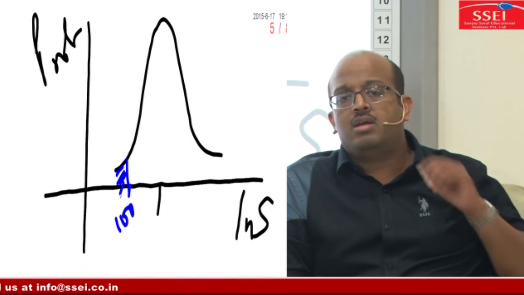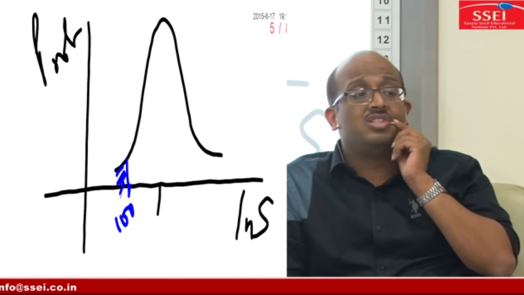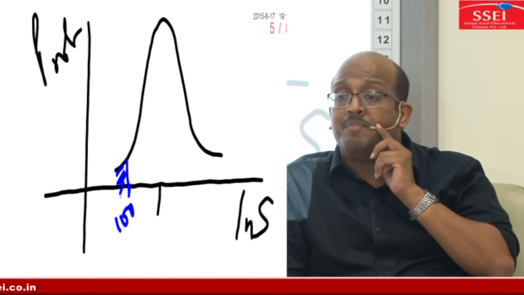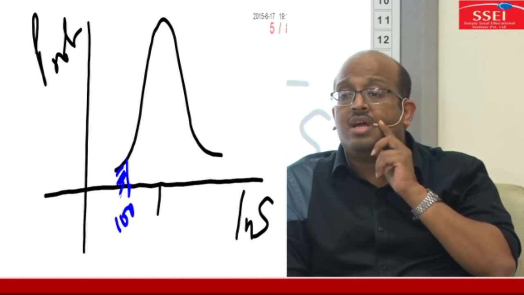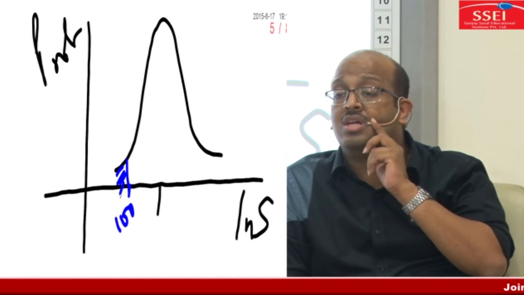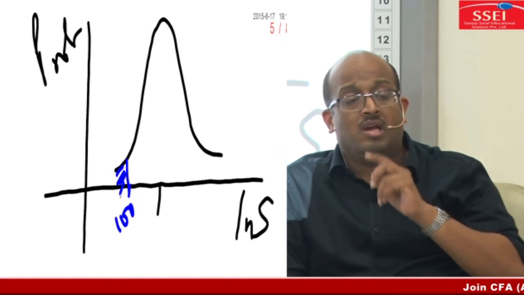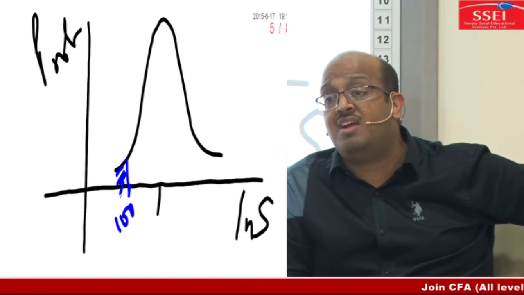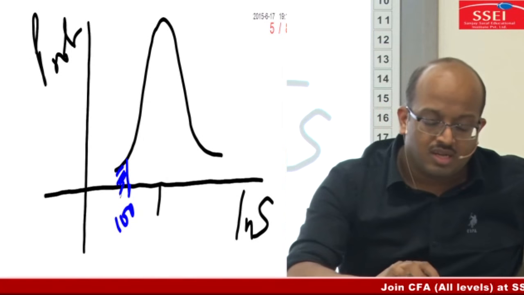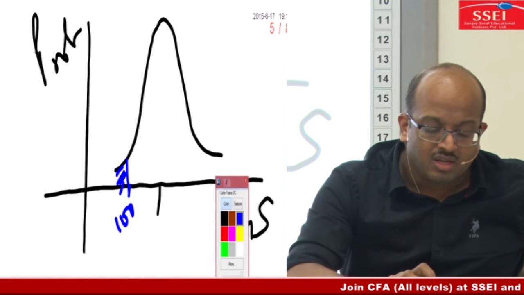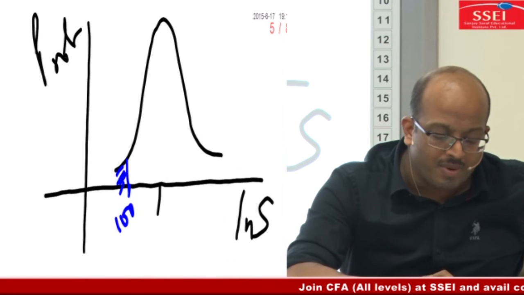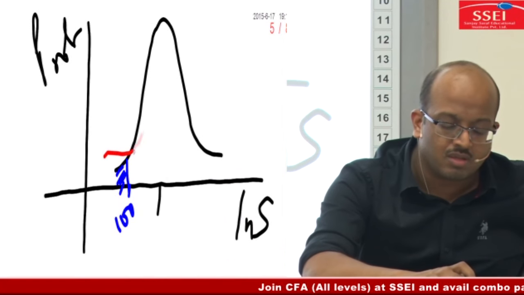So in people's minds, the chance of the stock price falling is higher as compared to the chance implied by the log normal distribution, the assumption under Black-Scholes, which means the left tail is fatter. The left tail is fatter than what log normal distribution implies.